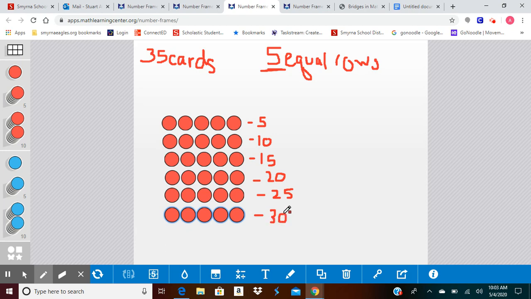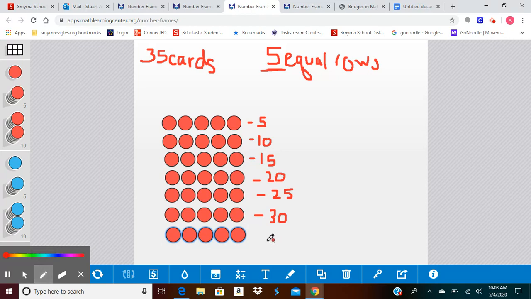We're so close. How many more rows do we need? Hopefully you're telling me 1. So we need 1 more row of 5. And that takes us to 35.